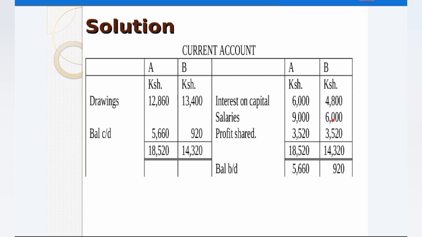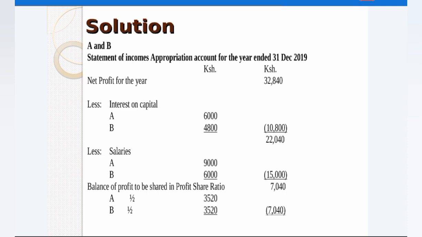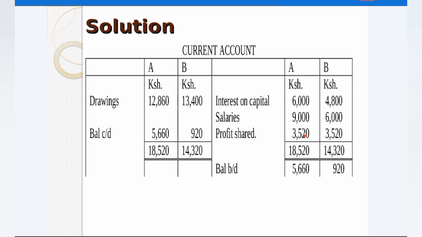The salaries, 9,000 for A, 6,000 for B, and the share of profit, which we have computed in our appropriation account to be 3,520. So each partner will get 3,520. And then, of course, we were given the drawings.